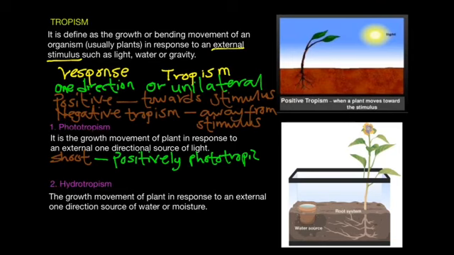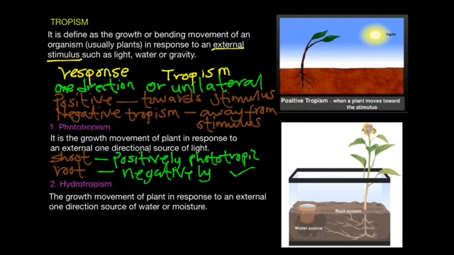Since we have the roots growing away from the light, we'll say our root system, or let's say the root, is negatively phototropic.